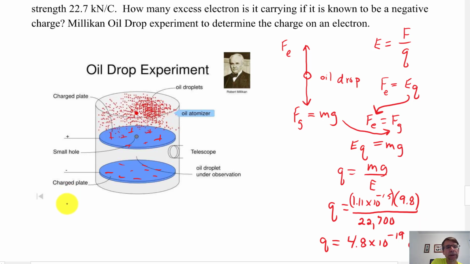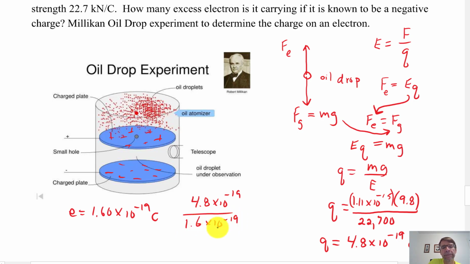Well, each electron is 1.60 times 10 to the negative 19th coulombs. Some of you can maybe see this. If I take 4.8 times 10 to the negative 19th divided by 1.6 times 10 to the negative 19th, that's 3. There's 3 electrons. In other words, it takes 3 electrons to make 4.8, because 2 electrons would be 3.2 times 10 to the negative 19th, and then 3 of them is 4.8.